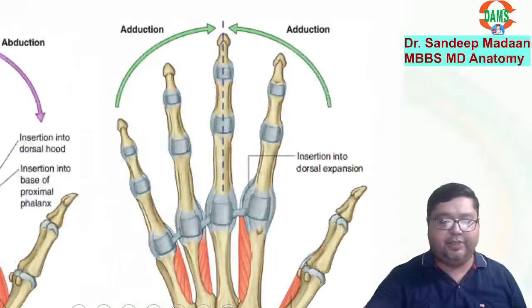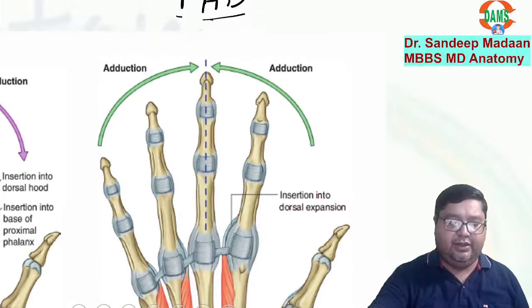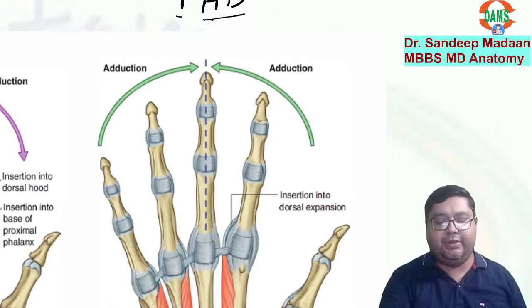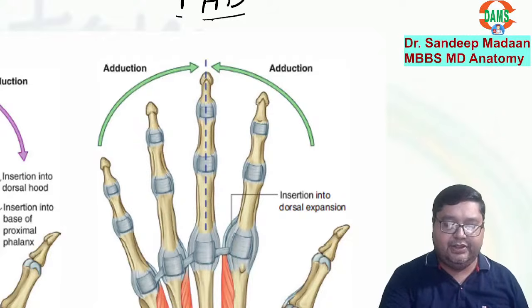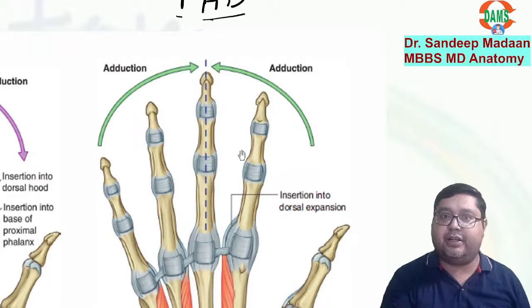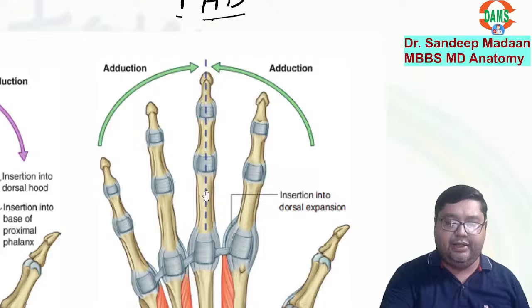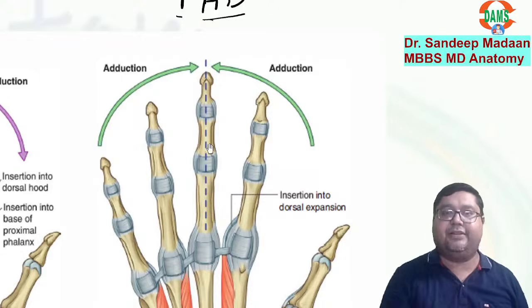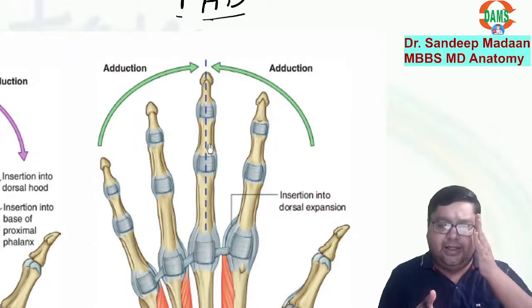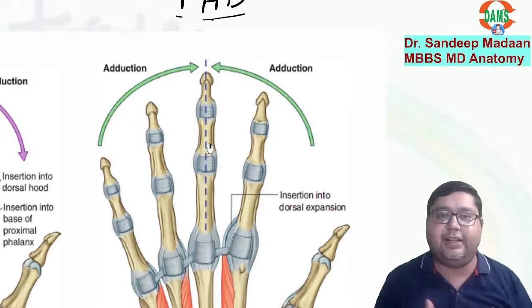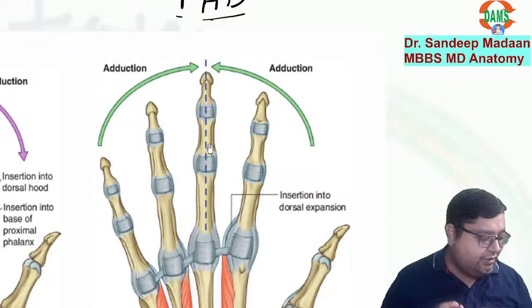Let me zoom in to explain, and let me explain this way. When I say adduction, it means coming towards the axis. This finger can be adducted, this finger can be adducted, this finger can be adducted, and the thumb can also be adducted. But what about the middle finger? Middle finger is already in the axis. The one who is already in the axis, how will he come further closer to the axis?